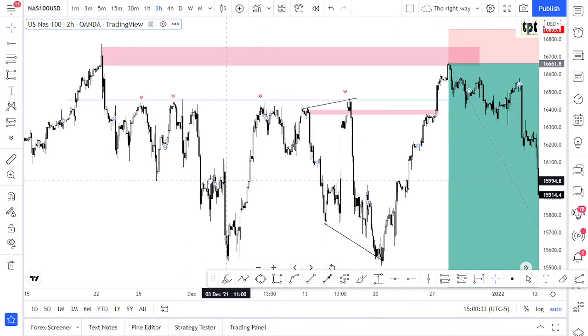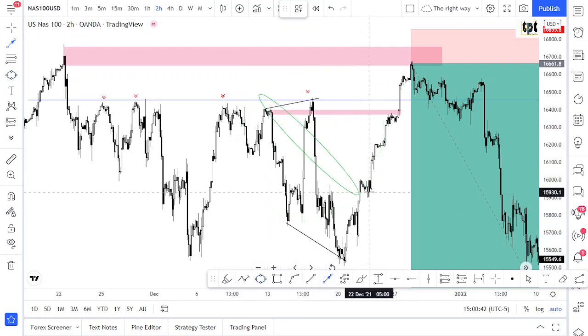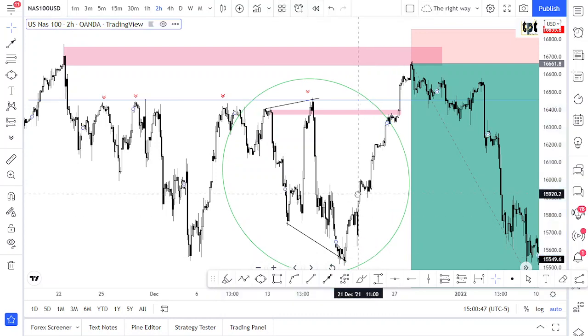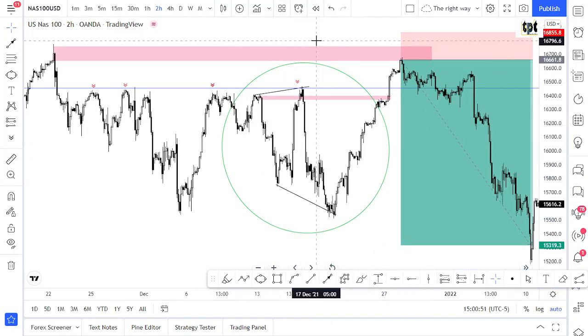Now, this diamond setup, you can see it here. Let me use the tool so that you can see it better. The circled one qualifies this one as our diamond setup.